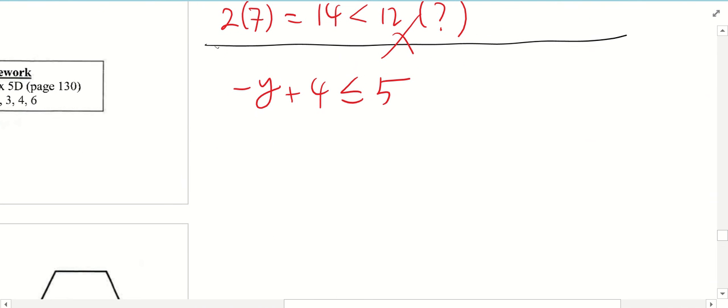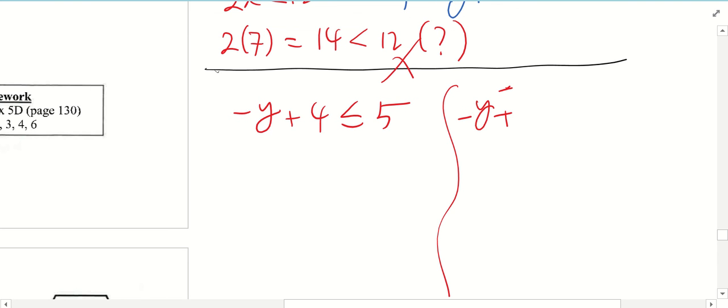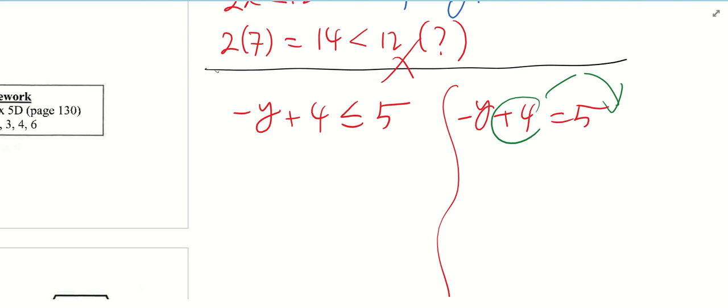So here, how do we usually deal with this? Like when we deal with an equation, if we have negative y plus 4 equals 5, this is what we usually do. We simply move the 4 over to the other side. Plus 4 becomes minus 4.